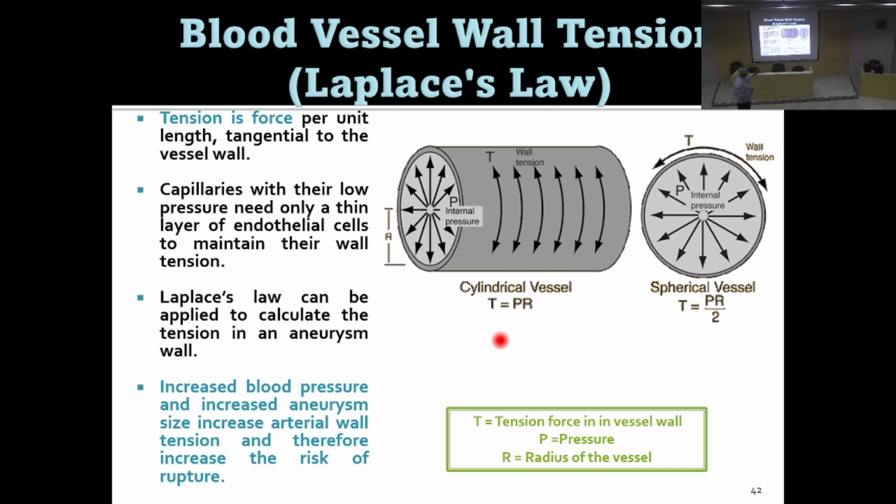These two things make the tension in the capillary very small. Does this cause aneurysms? No, just hold on a moment. Pressure low, radius low, tension is low. So it doesn't need very thick walls for the capillaries. In other words, we don't need very high tension, okay?